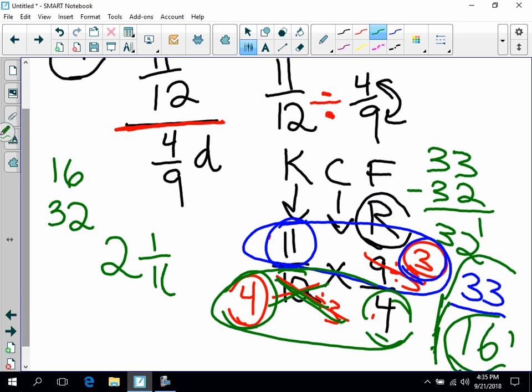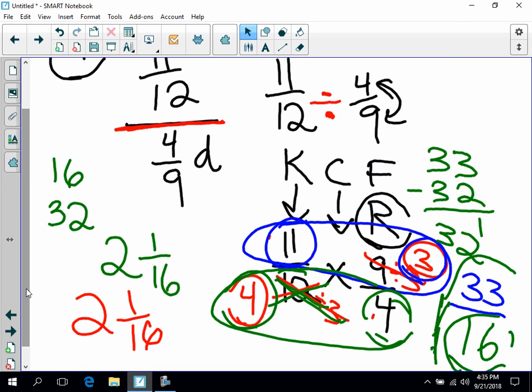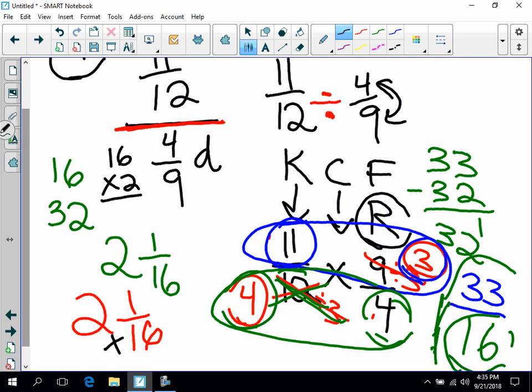I write 16. If you want to go back and check your work, if you're not sure if 2 and 1/16 is actually the correct mixed number, you can go backwards and multiply 2 by 16. 6 times 2 is 12, carry the 1. 1 times 2 is 2, plus 1 is 3. Okay, 16 times 2 is 32.